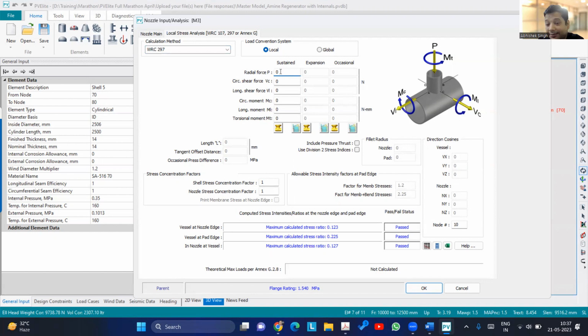This is where we'll be putting all the values, the location where I need to input the data. The data means the 6 loads which we have got as an input. Now, if I want to indicate this at the nozzle face, can I do that?